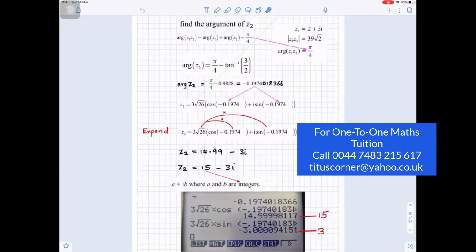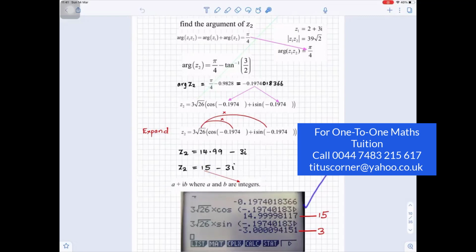Now, you can expand. Expand means remove the bracket. You multiply 3 root 26 times cosine of minus 0.1974. And if you put all the decimal places to get a more accurate answer, and then you expand, multiplying the other side as well, you get z2 is 14.99 minus 3i, and 14.99 rounded to the nearest integer is 15, because it says a plus ib, where a and b are integers, so it's 15 minus 3i.